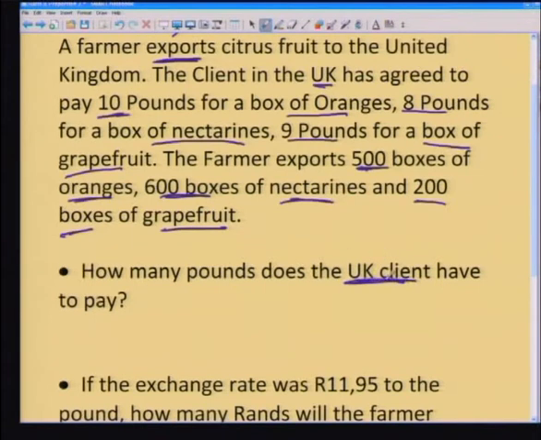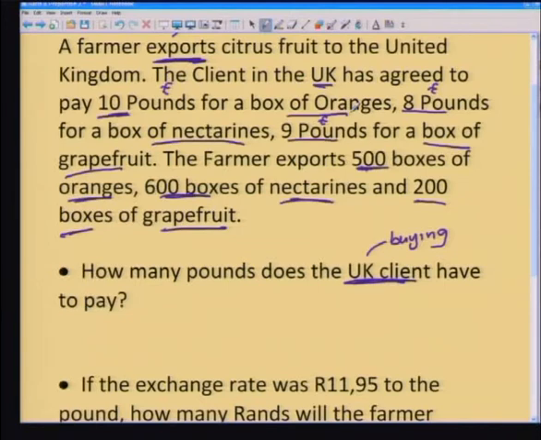Now, the UK client, remember, the United Kingdom client, he's the one who's buying. He's buying the fruit from the exporter. And remember, he has agreed that he will pay £10 for a box of oranges, £8 for a box of nectarines, £9 for a box of grapefruit.